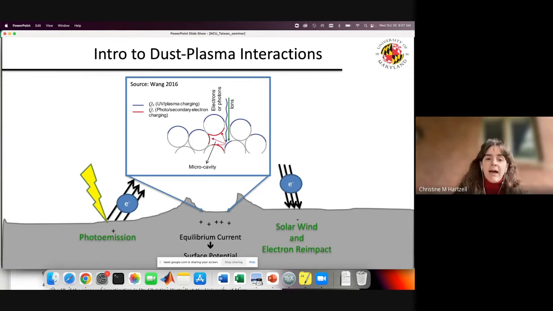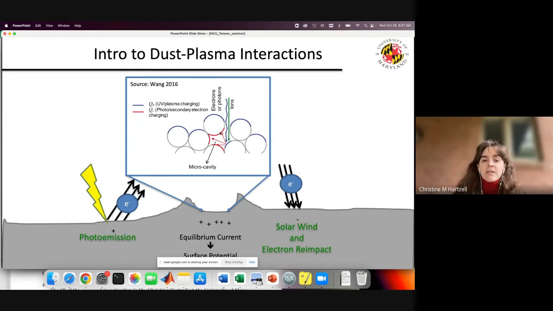So if you have, say, photoemission and it illuminates a surface of one particle and that surface loses electrons, those electrons might get deposited on neighboring particles. So this surface is going to be positively charged because it's lost an electron. This surface is going to be negatively charged because it's collecting an electron. And that way you can have charge building up between neighboring particles.